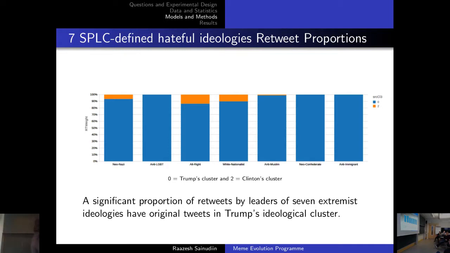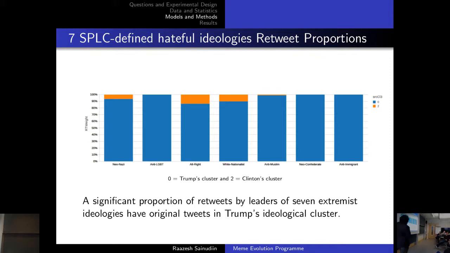So here's my basic SPLC defined hateful ideologies as retweet proportions. You can see neo-Nazis have a much higher retweet to original tweet ratio. Same with anti-LGBT. This is for the Trump camp and the Clinton camp.